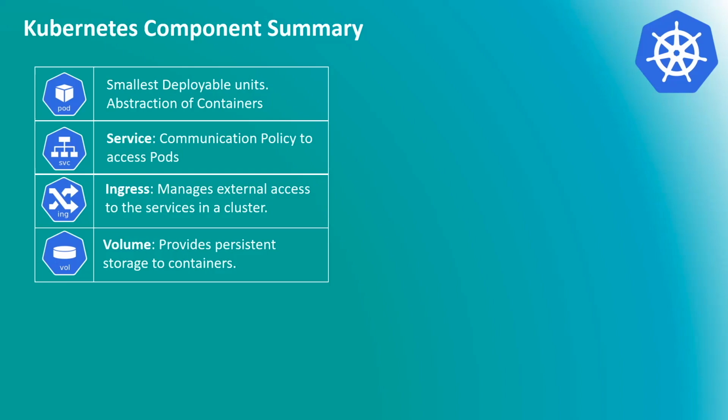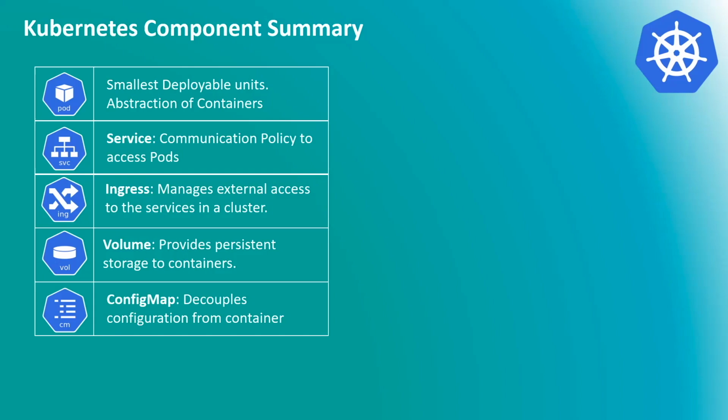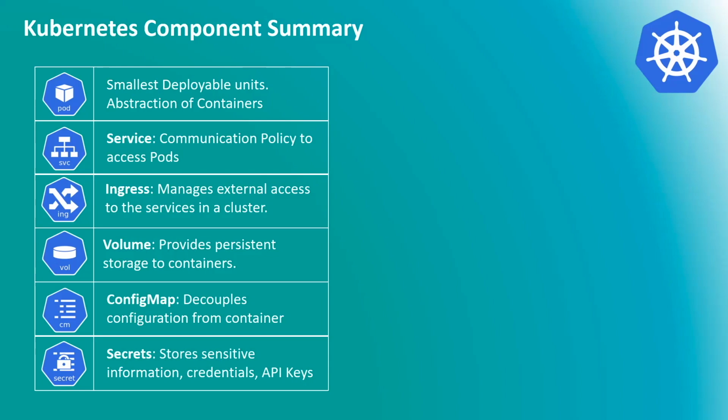We also reviewed Volume. Volume provides persistent storage to all the containers. We also reviewed ConfigMap, which helps us to decouple configuration from the container. We also reviewed Secrets. Secrets store sensitive information, credentials, API keys. Please remember, you should enable encryption at rest.